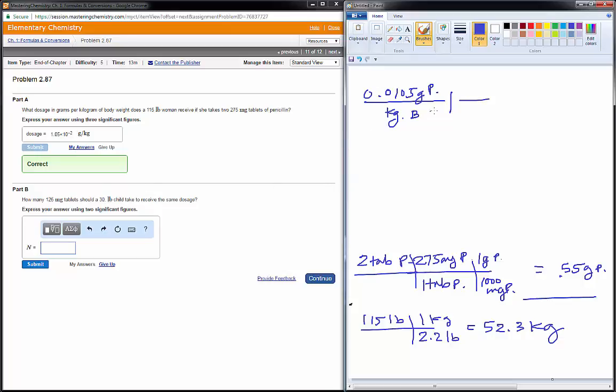We have a 30-pound child, so we're going to have to convert there. 1 kilogram is 2.2 pounds, and we have a 30-pound child. Pounds cancels, kilograms cancels. Now I'm left with the grams of penicillin. Take it back to milligrams. 1 gram of penicillin is 1,000 milligrams of penicillin.